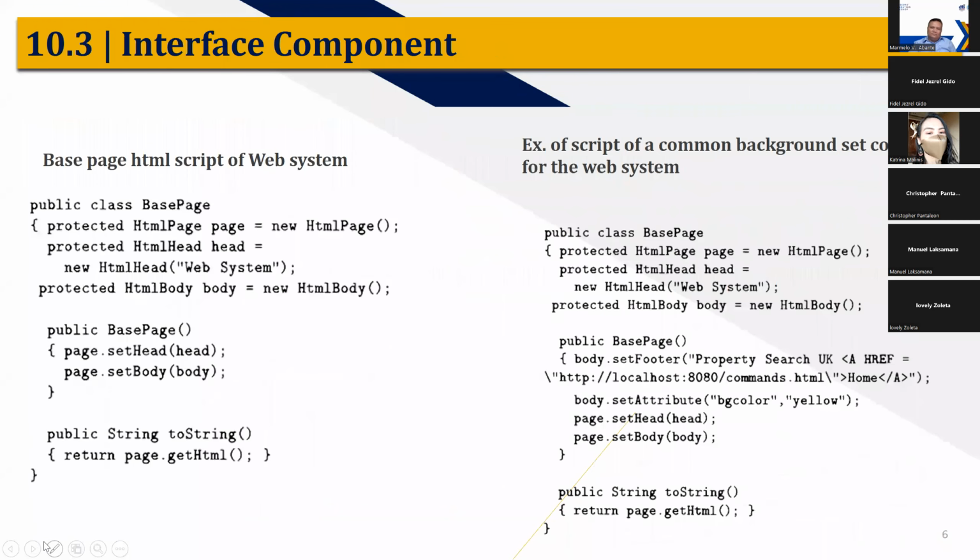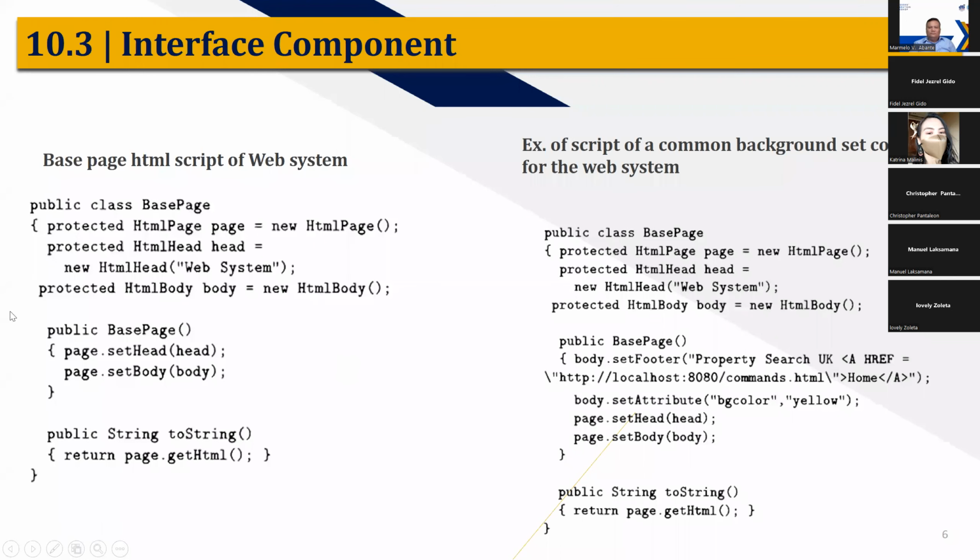Okay, next is the interface component. So this gives the example as shown in the presentation. The base page is the HTML script of a web system, and the example is a script of a common background color for the web system.